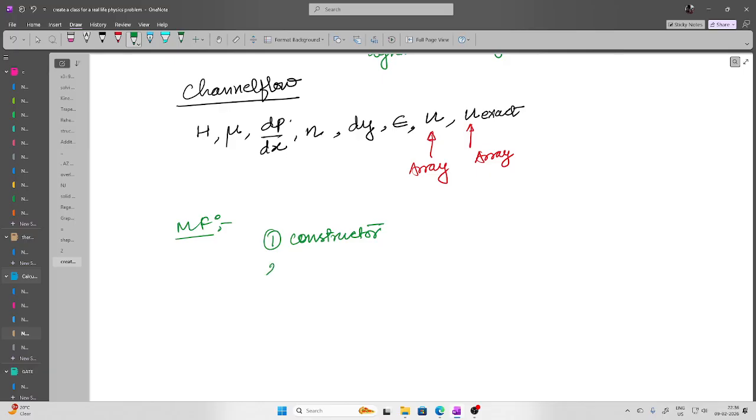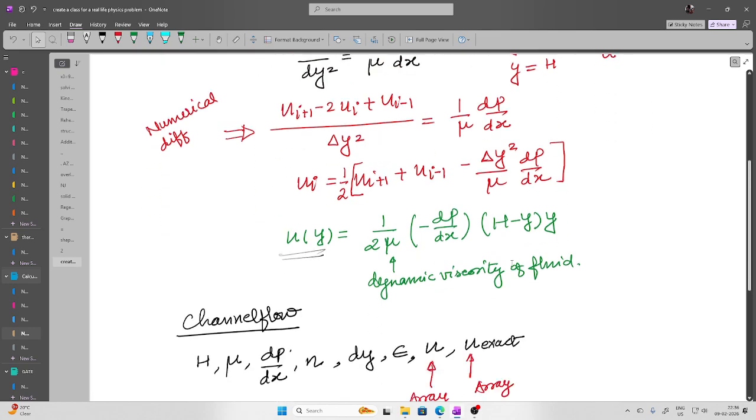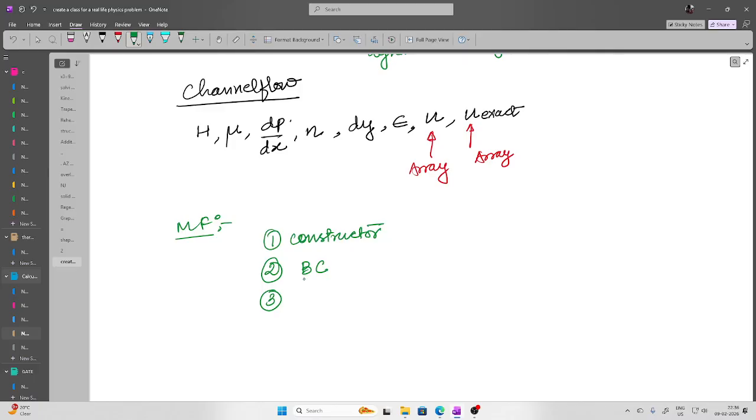Then you should make another function for the boundary condition. Then you should make one function for solving this particular equation in the domain to get the converged answer. Let us call that the solver, or simply solve. Once you have the constructor, boundary condition, and the solve function, you should also have one analytical solution function.